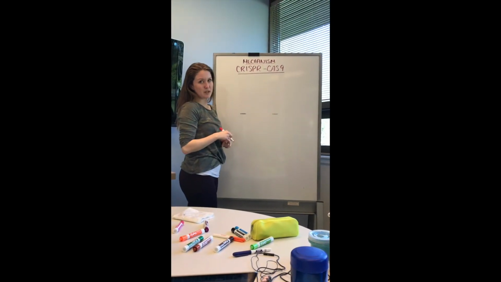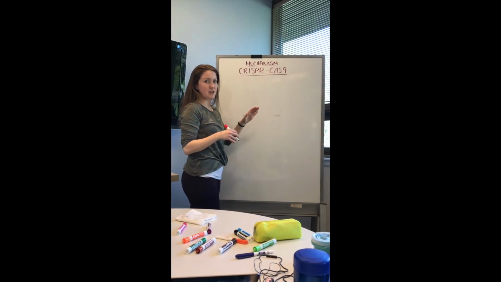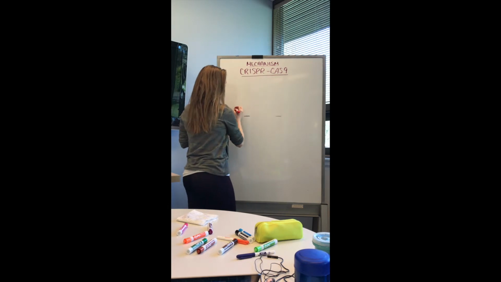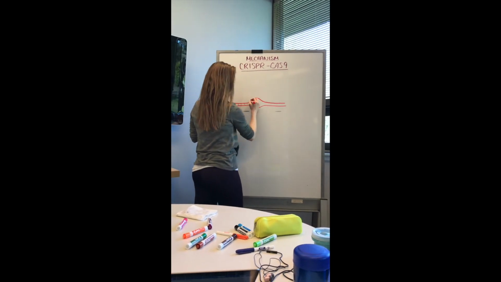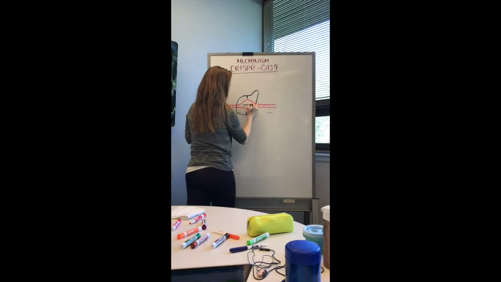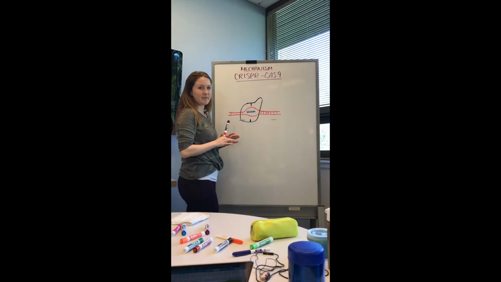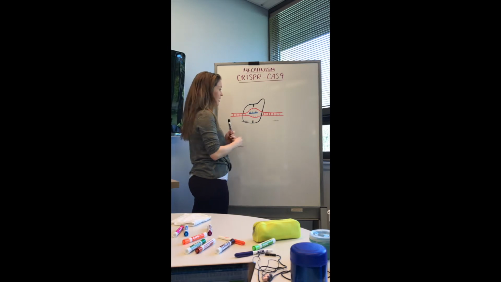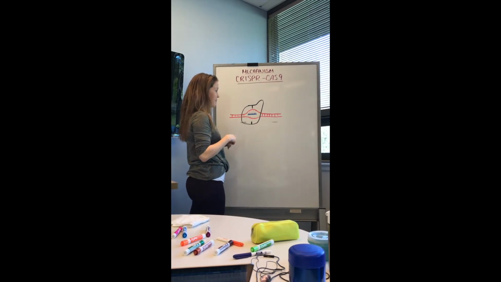Let me just draw what I'm talking about when I say the Cas9 travels along the DNA. Okay, so here we have CRISPR-Cas9 traveling along the DNA of the cell.